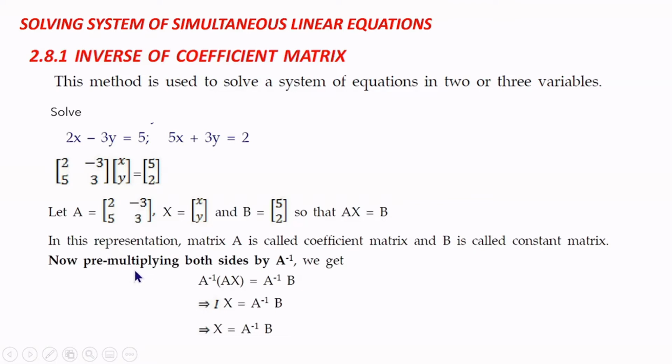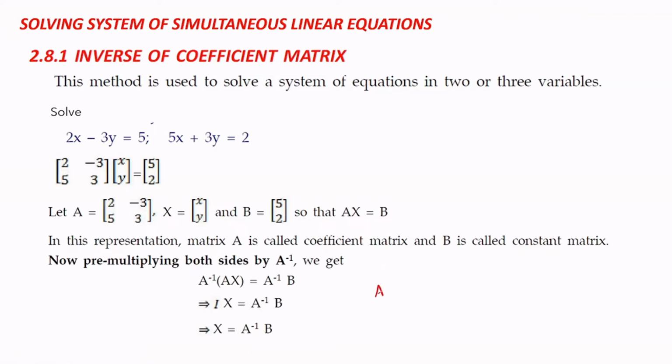Now if we pre-multiply both sides by A inverse, we get A inverse into AX is equal to A inverse into B. Now we know A inverse into A is equal to the identity matrix I. So from this we get X is equal to A inverse into B. So from this we can find the variables x and y, and we know how to find A inverse.